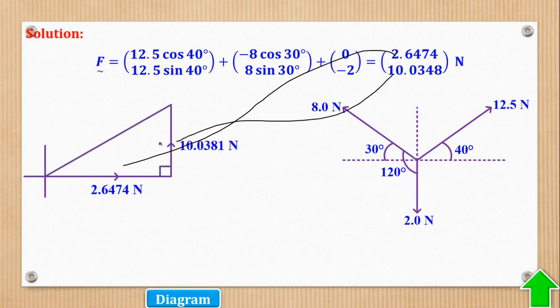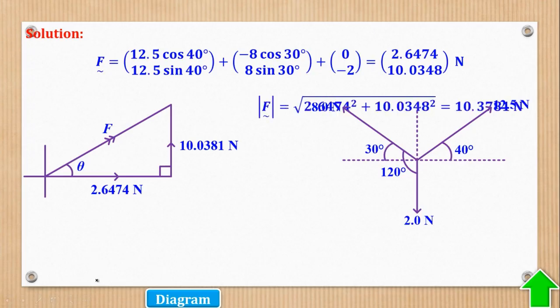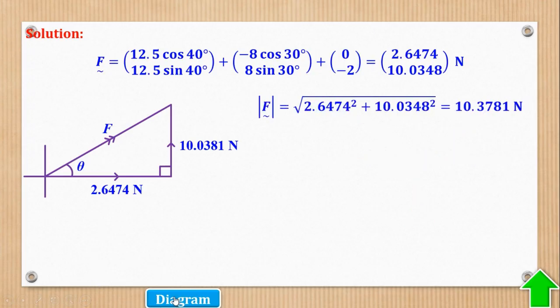Then the line from start to end is our resultant, and this is the direction of the resultant force. So we can now get the magnitude, which is 10.3781. Then also F is equal to ma. Therefore, substitute for F and m, and make a the subject.